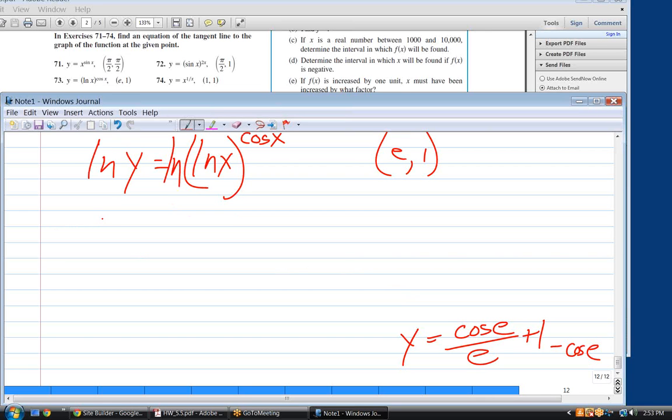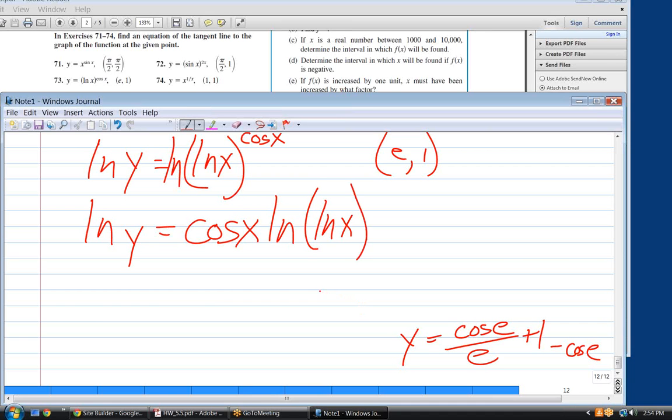And then we have the natural log of y equals cosine of x times natural log of x. And then we have y prime over y. So we have y prime equals y times that whole thing.